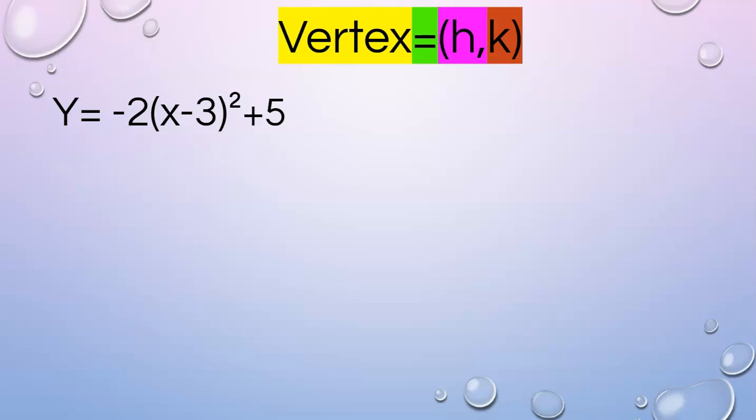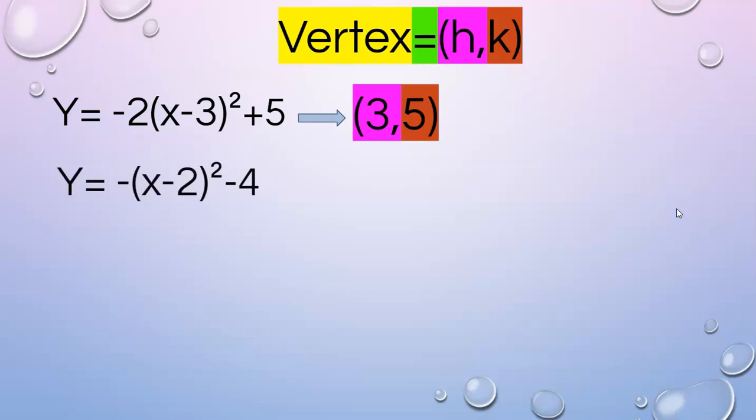So I know automatically, without even graphing this, that my vertex is going to be +3 and +5. Let's look at another example. I see where my H is and where my K is, so I automatically know that my vertex is going to be +2 and -4.